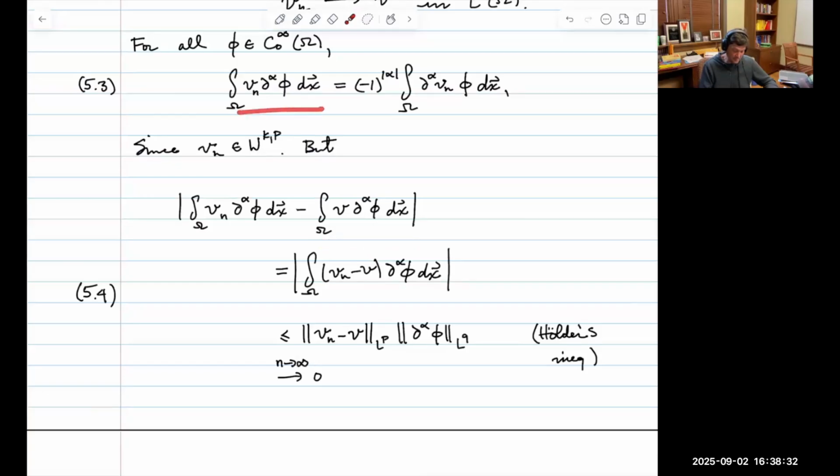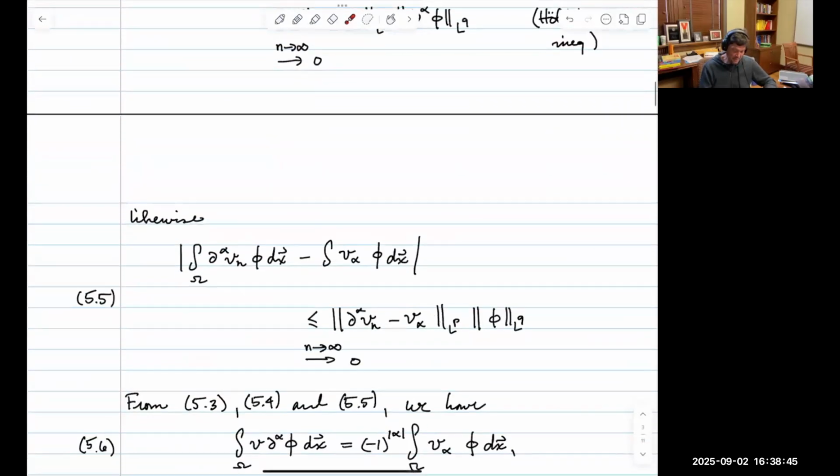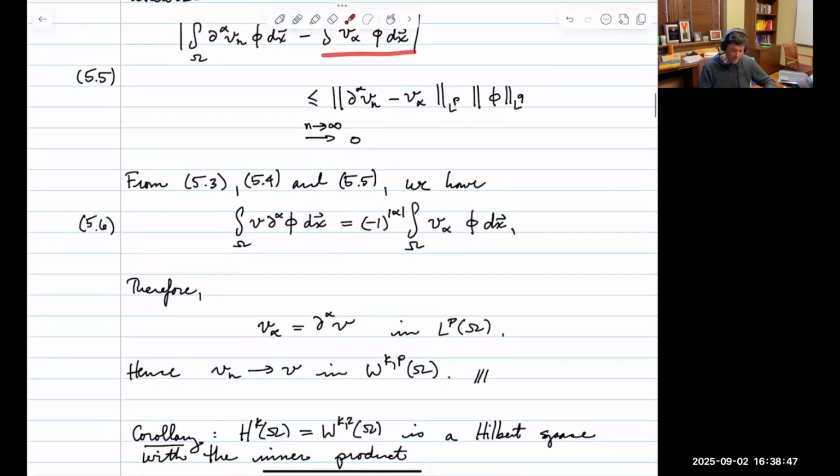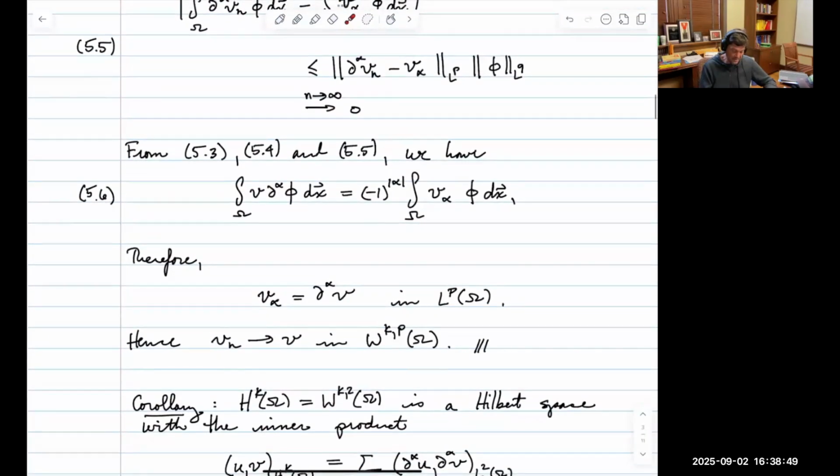In fact, this integral converges to that integral. So I can pass the limit on this one, and it has to converge to that. I can also pass the limit on this one, and I just showed that it converges to that. So if I put all those things together, what I have is that statement. Now, what does this statement tell you?